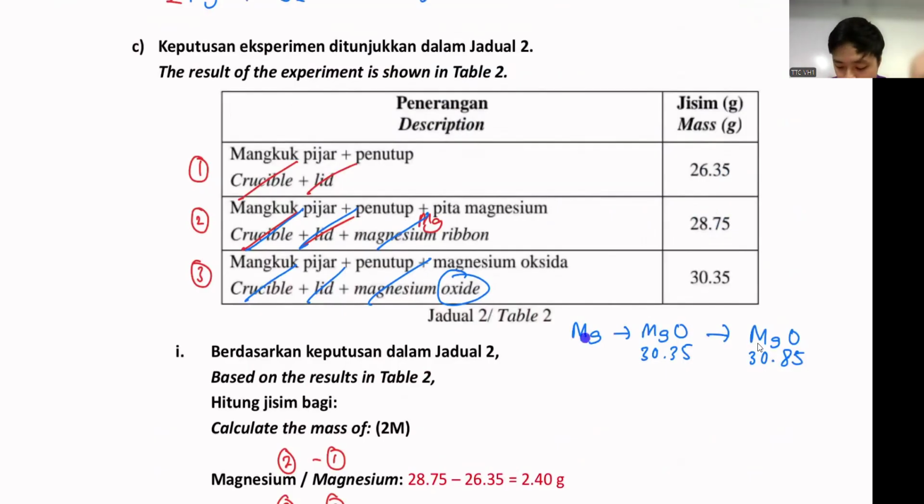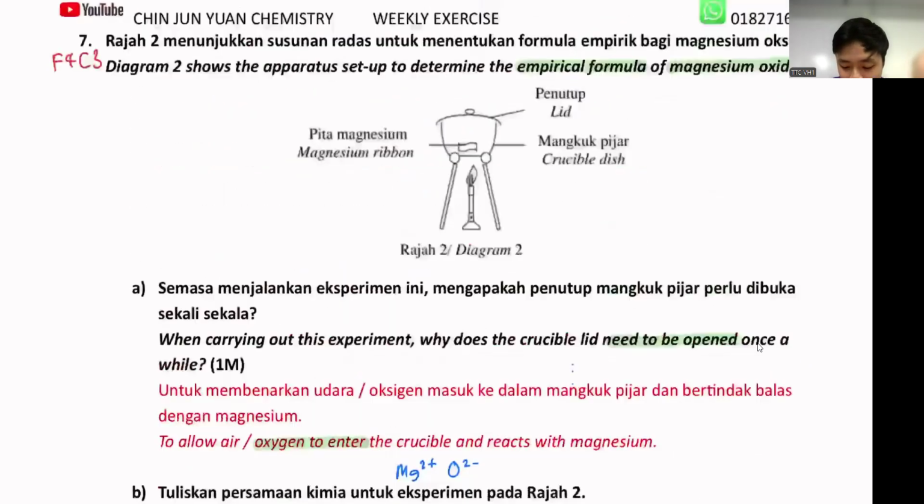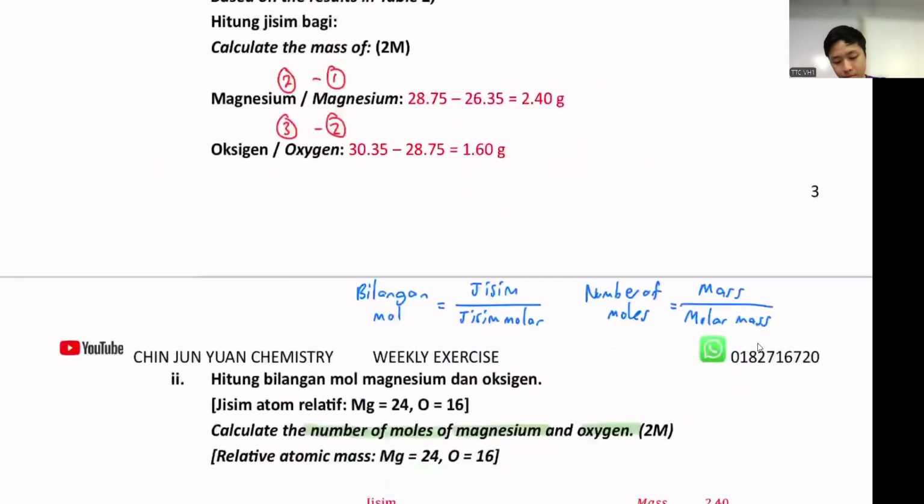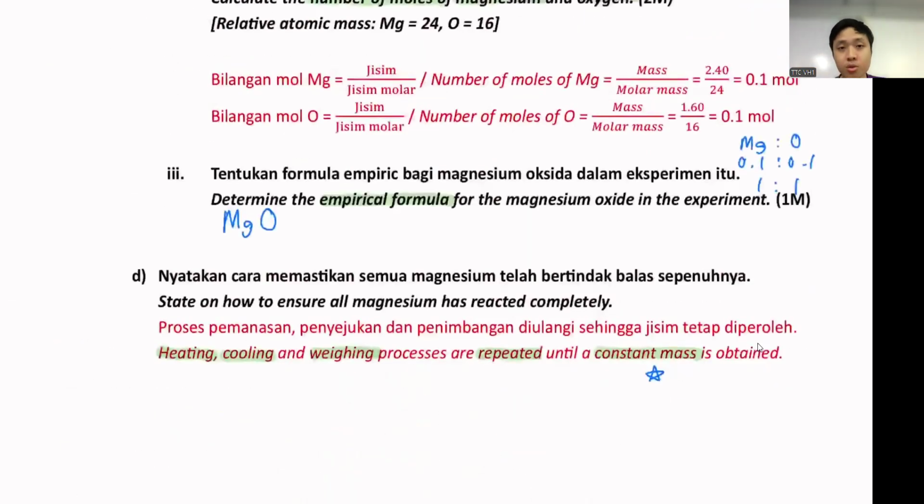Increase because Mg, of course, is lighter than MgO, right? Because now the oxygen has entered. So that's why it should be slightly heavier. Yes. So these are the questions that we'll be asked in exam if they come out with the MgO experiment.